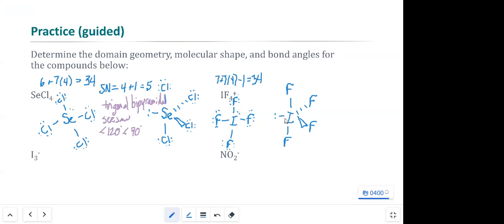For the purposes of just being a little bit quicker here, we're going to leave off the lone pairs in our 3-dimensional structure since we already drew them in the Lewis structure there. We're just looking at this from a standpoint of shape and angle. And so the net result here, once again, we have a steric number of 5. So we're talking about trigonal bipyramidal.